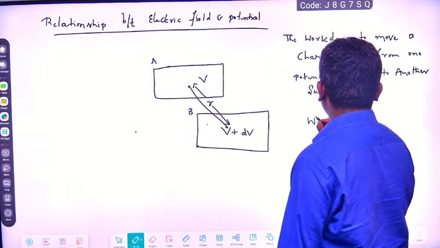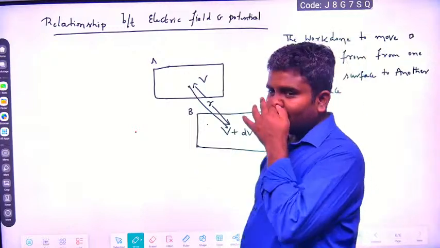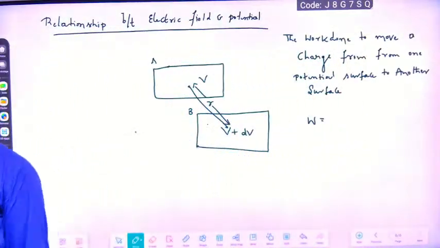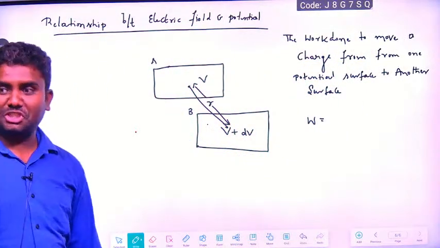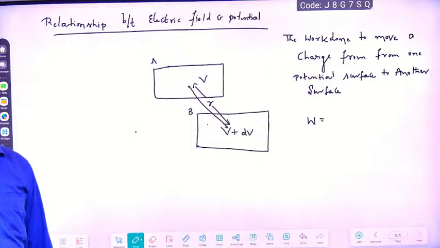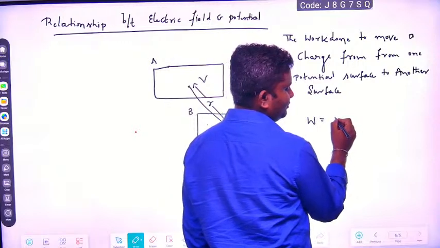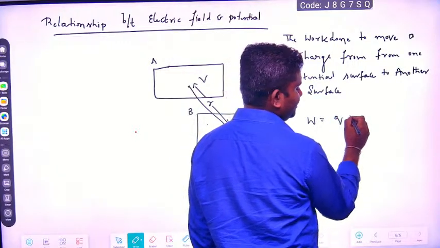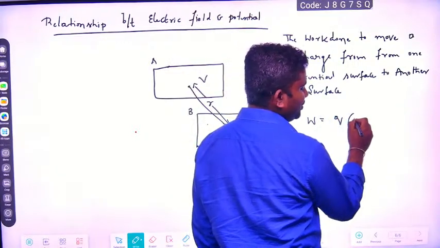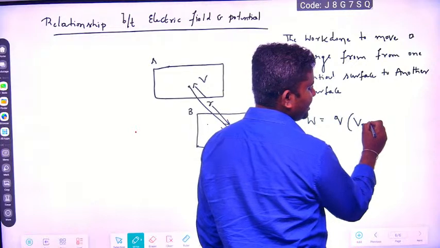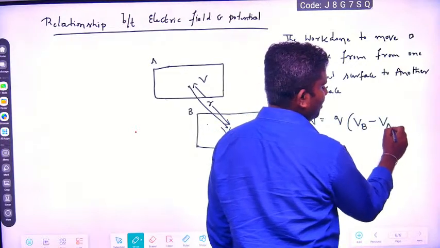W is equal to how much? What is the work done formula in terms of potential? Work done is charge into work done per unit charge, which is potential, VB minus VA.